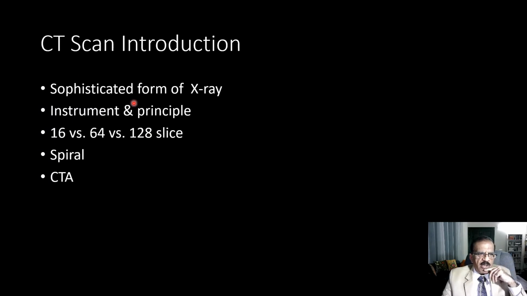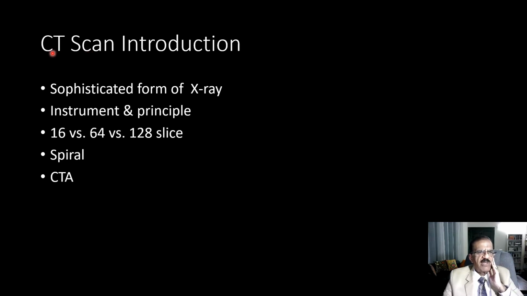CT scan introduction: it is the sophisticated form of X-rays. The basic technology of imaging in CT scan is the same X-rays. CT is actually computerized tomogram. Tomogram is like a section of something.